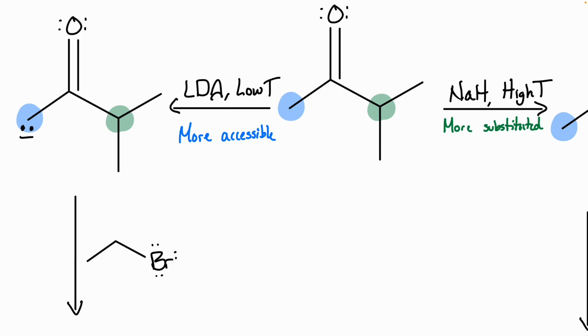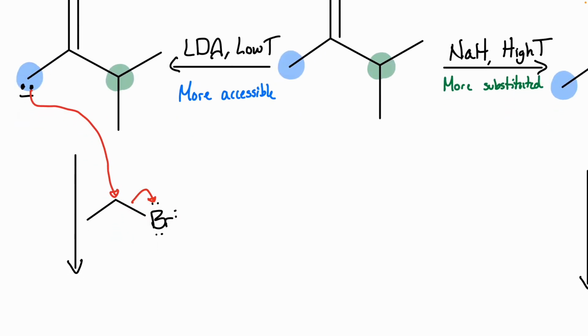All right, looking at this reaction here, what is my nucleophile? The alpha carbon, all that negative charge. And what's the electrophile? It's going to be that carbon with that good leaving group. So nucleophile attacks electrophile, and we get our substitution reaction.